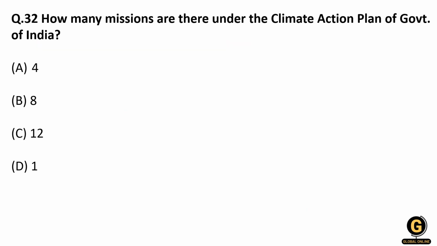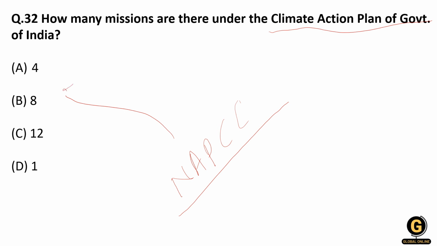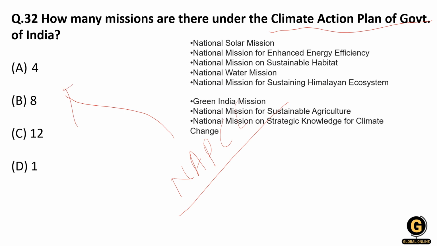How many missions are there under the climate action plan of the Government of India? So friends, whenever the climate action plan of the Government of India comes, you have to remember the National Action Plan for Climate Change, NAPCC, which has a total of 8 missions. And what are they?